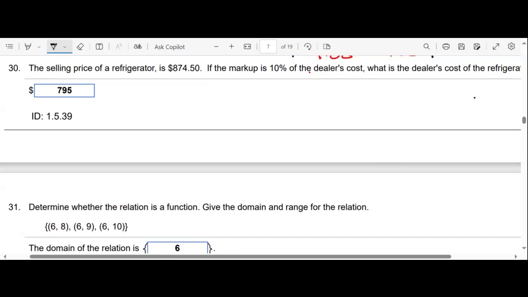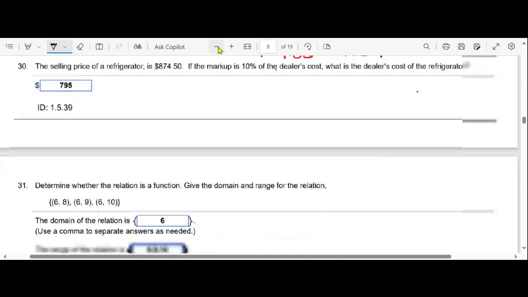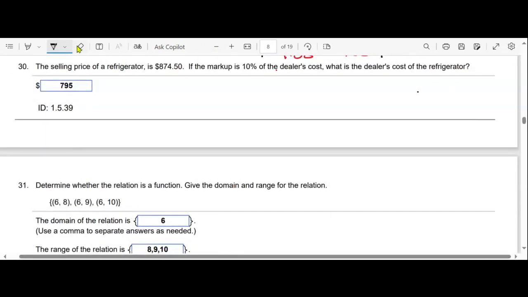What is the dealer's cost of the refrigerator? Yeah. Okay, so let me zoom out.